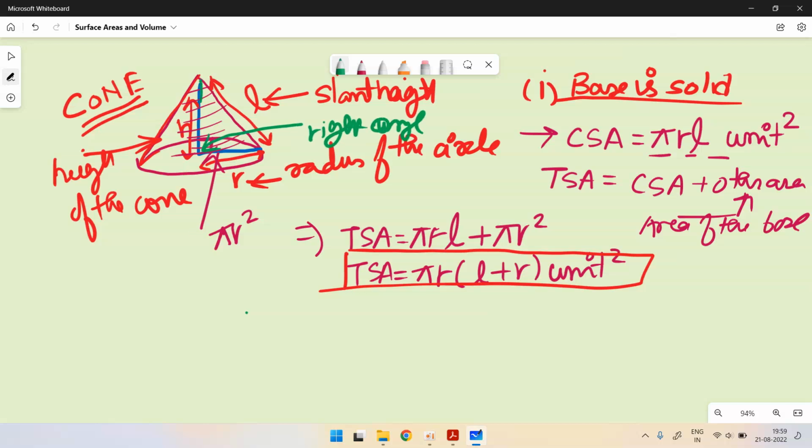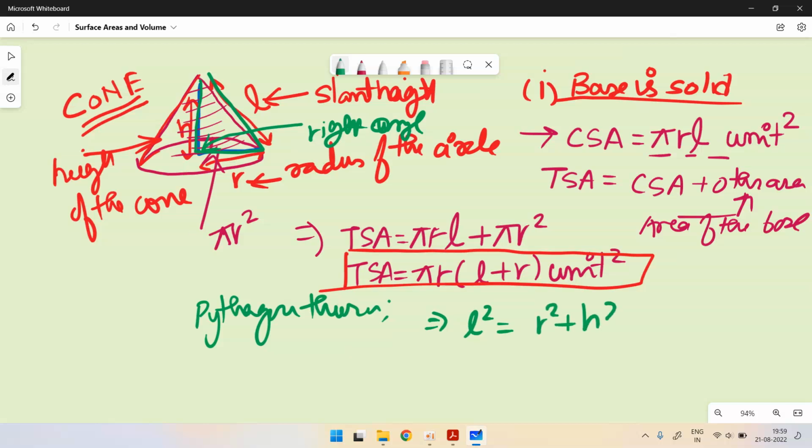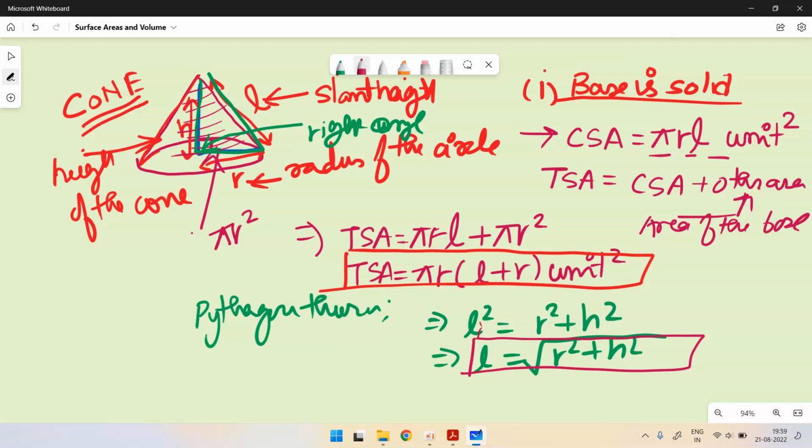So applying Pythagoras theorem: l square equals r square plus h square. Or we can write l equals under root of r square plus h square unit.